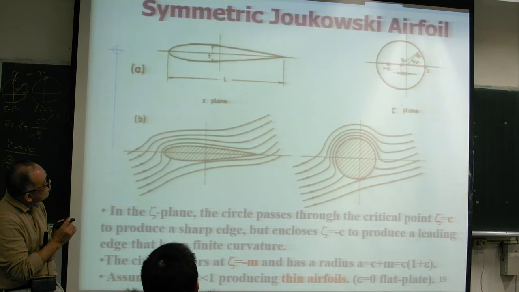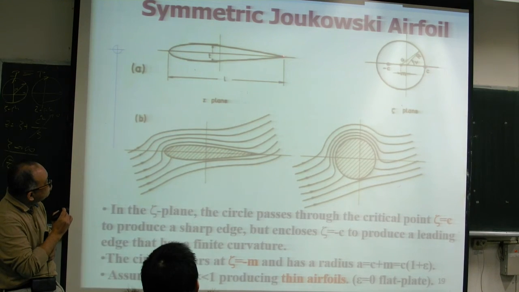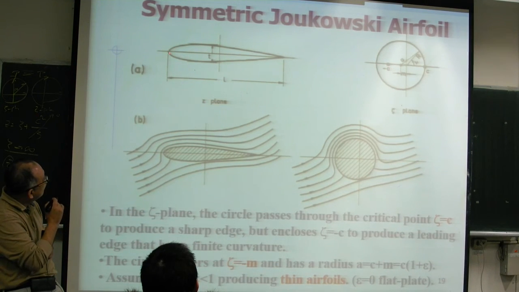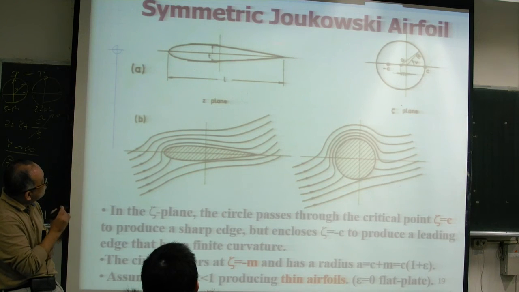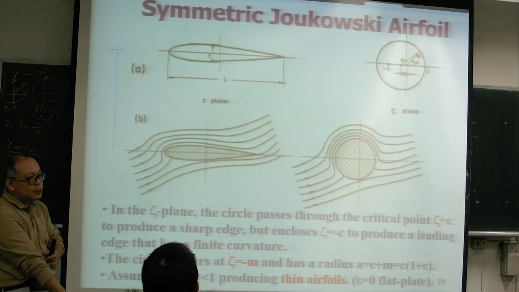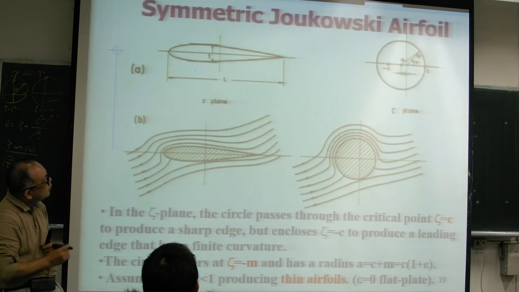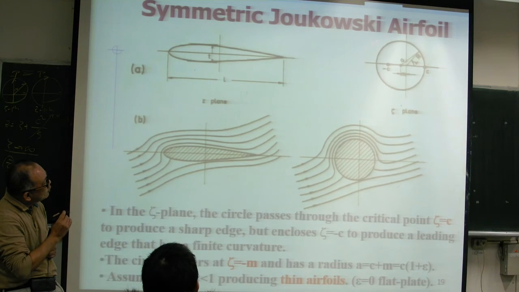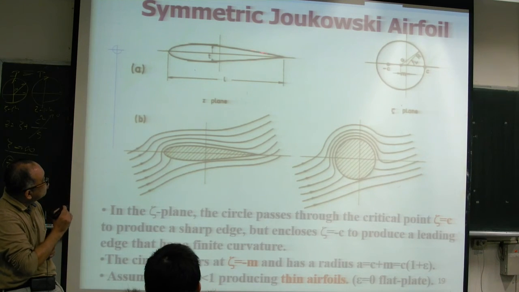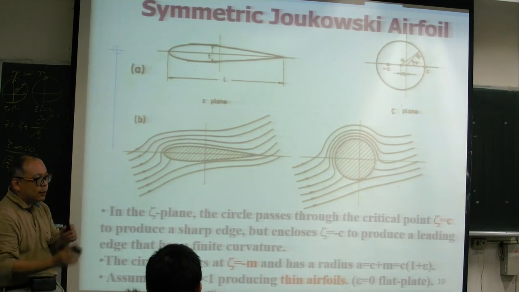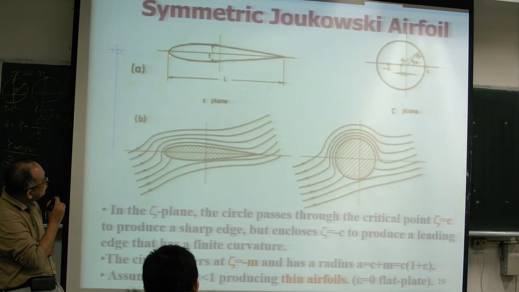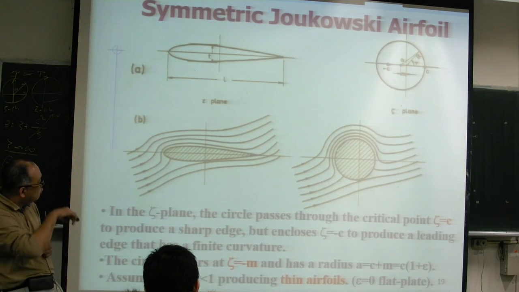We allow this to pass through our critical point, so we will generate a trailing edge here. However, the leading edge here doesn't pass through the critical point, so this will become a blunt body. Later you will see this will become the so-called airfoil, and this special airfoil we call the Ch4 airfoil. So if we arrange our circle this way, the Ch4 transformation will give the so-called Ch4 airfoil. So when you shift your circle to the left by M here, you will generate the so-called Ch4 airfoil.